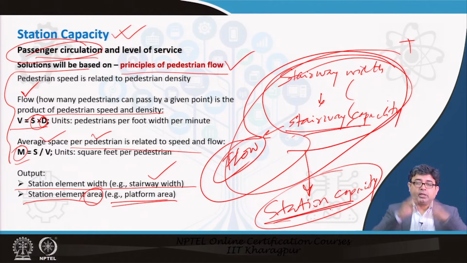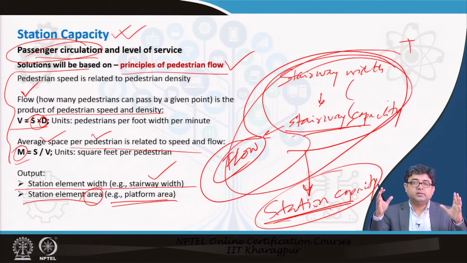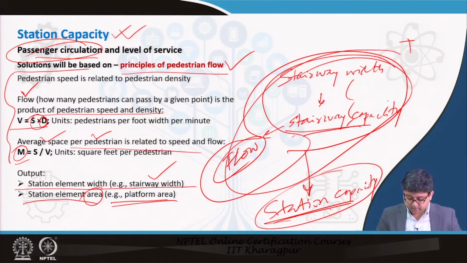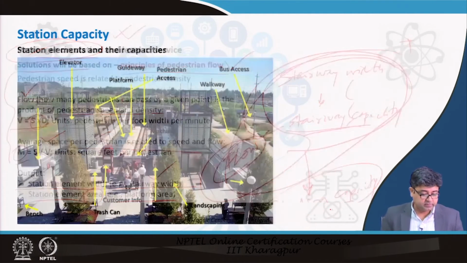So, conceptually you now understand there are different elements within a station. For each element you have to do a capacity calculation. All of those independent element capacity calculations will lead you to the development of the station capacity calculation. But all of this is based on the principles of pedestrian flow, because it is essentially the people that are circulating in the station.